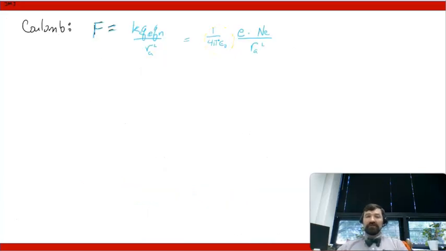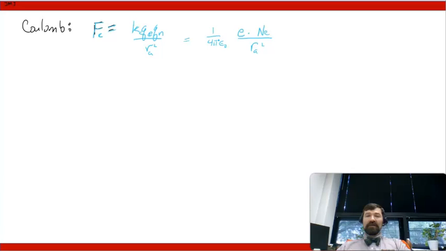If we apply Coulomb's law, where this force is also the centripetal force, we would have the Coulomb constant times the charge of an electron times the charge of the nucleus divided by the radius squared of the electron's orbit, which I'm labeling as r_a for atomic. Now obviously k Coulomb is 1 over 4 pi epsilon naught. The charge of an electron, we use the fundamental charge. The charge of the nucleus is however many protons are present in the nucleus times the charge of a proton.